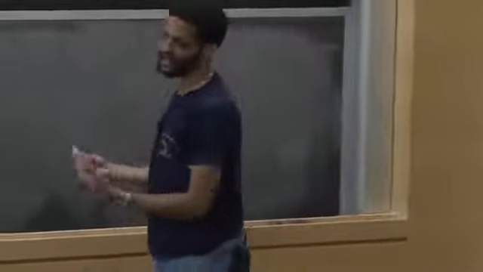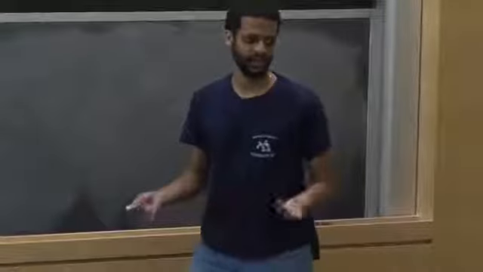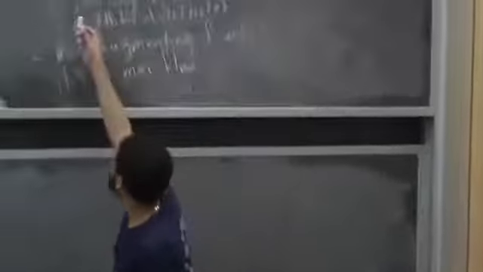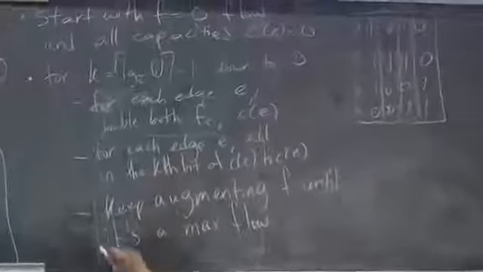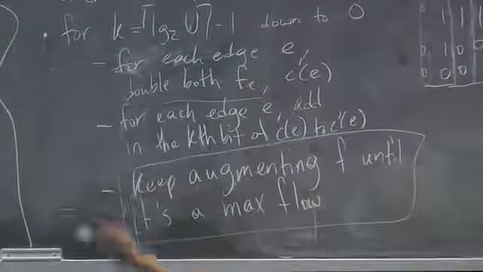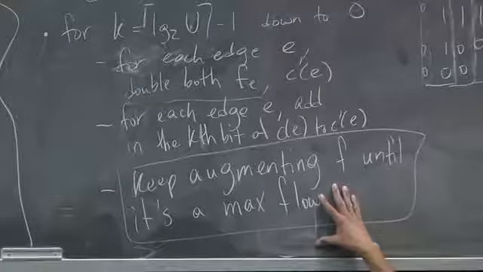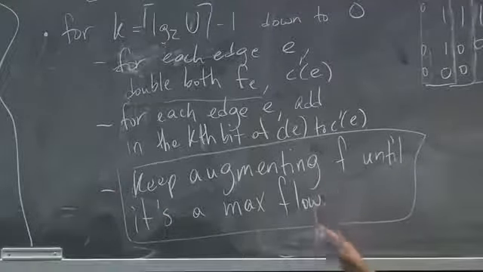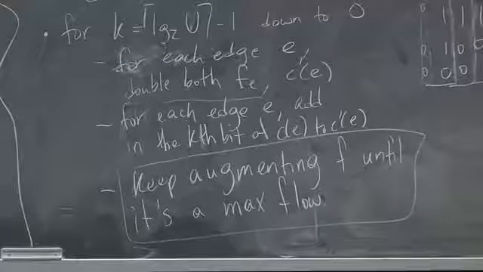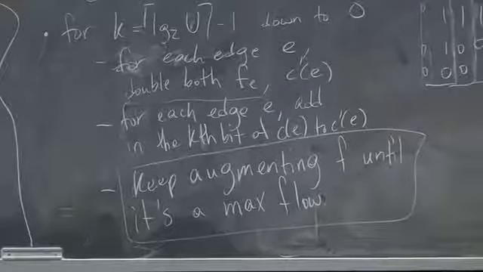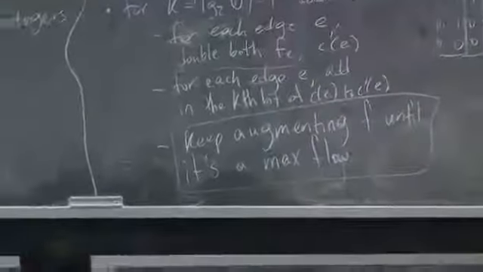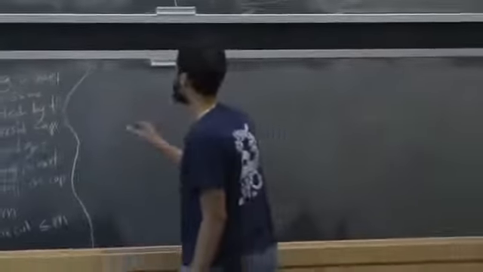Basically, you can use scaling in combination with lots of different algorithms, because scaling just says you reduce to having to do this over and over again. So you could imagine instead of doing Ford-Fulkerson here, you'll do some other algorithm, for example, blocking flows, which we're going to see now. Okay. So blocking flows.